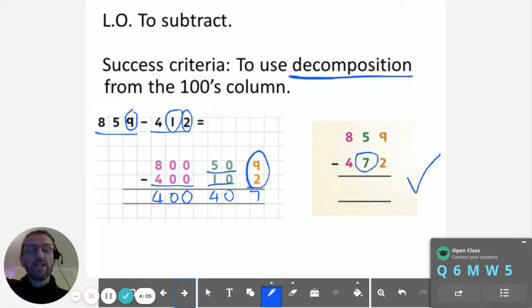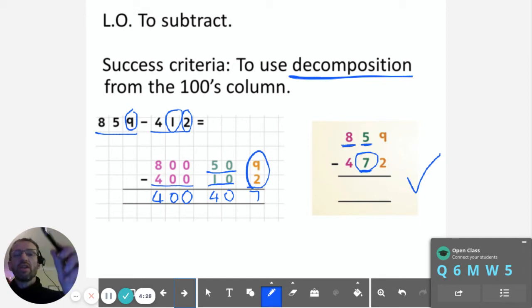So we need to think about decomposition, which means breaking things down. It literally means to break things down into smaller pieces. And in this case, we're going to have to break down the 800. Because if I've only got 50 here, I haven't got enough to take away 70. I can't take away 70 from 50.